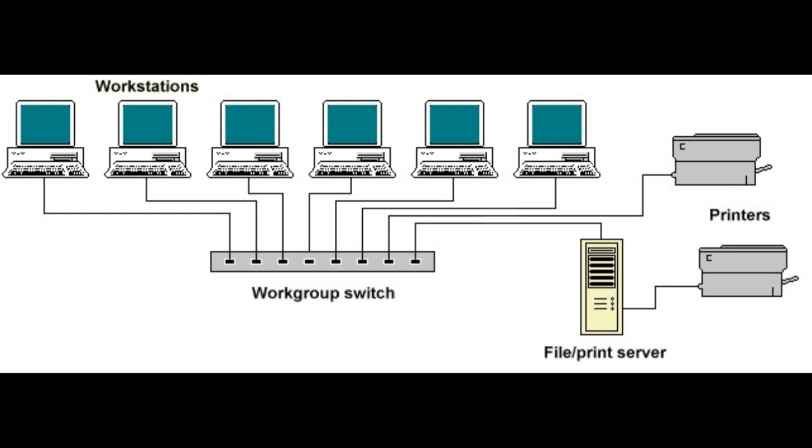That is why the unique number is printed upon the card: the MAC address, the media access control address. This address is used to control data communication between the host and the network.